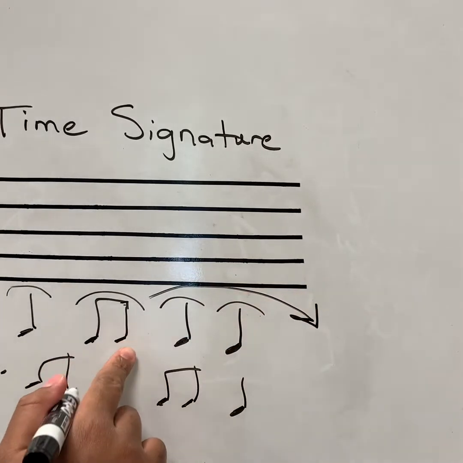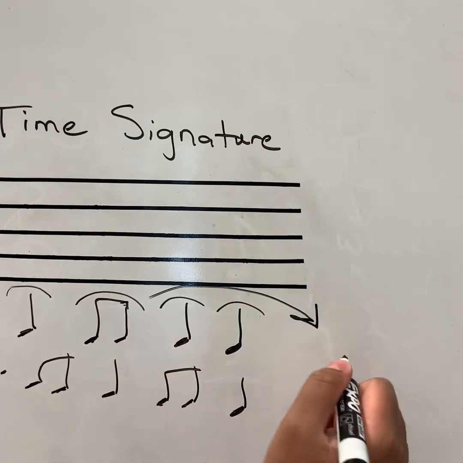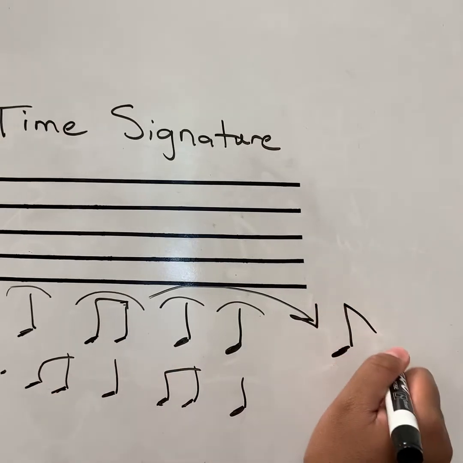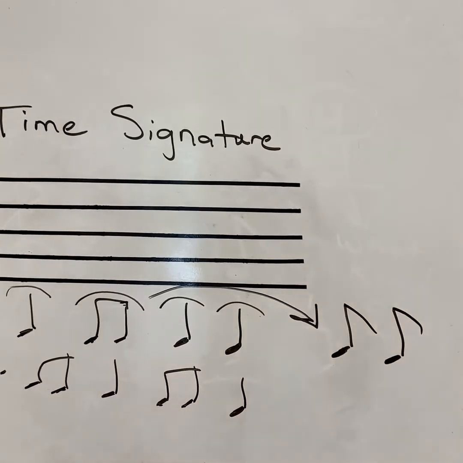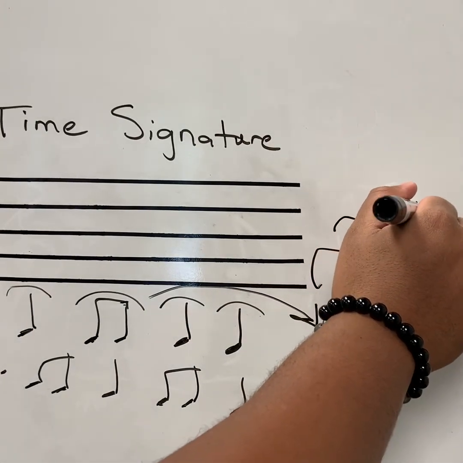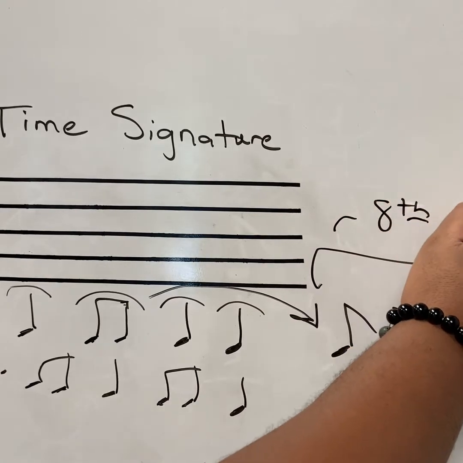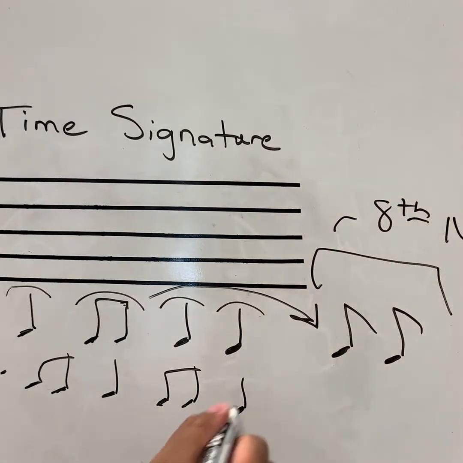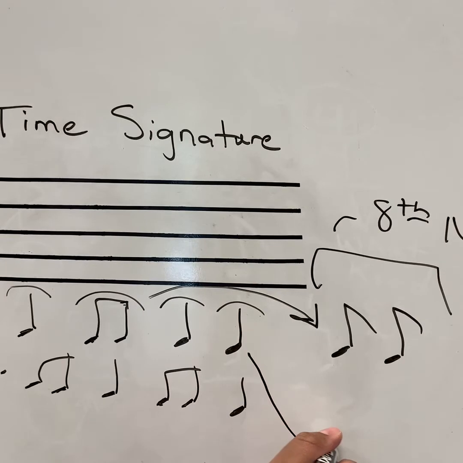If I were to split these two up, they would look like this. Okay? That's what they would look like. These are called eighth notes. Eighth notes. Okay? And this is called a quarter note.